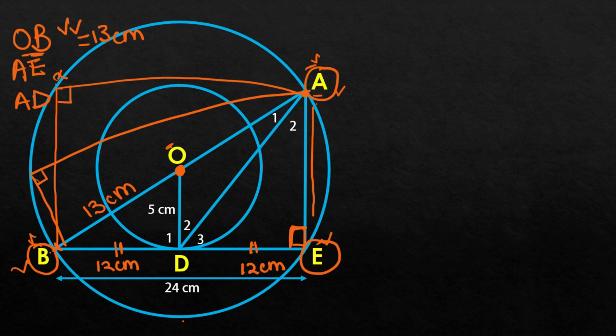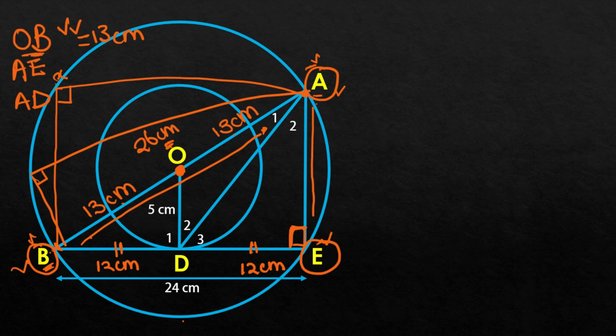So if BO is 13 centimeters, it also means that this is 13 centimeters. And then 13 plus 13 is going to give us 26 centimeters. So that is the length of the entire diameter of the larger circle.